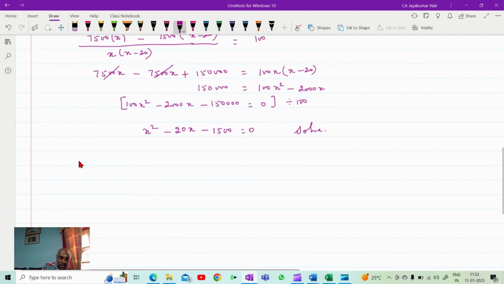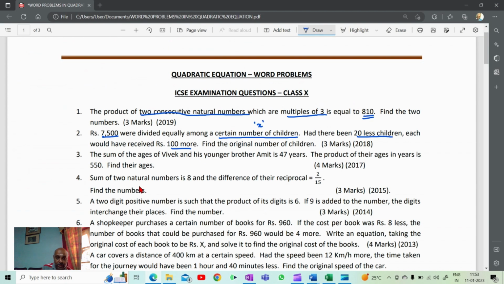So question 2 we have seen. Moving on to question 3. So what is question 3? The sum of the ages of Vivek and his younger brother Amit is 47 years. So Amit is younger, Vivek is elder. Their total age, total means sum, is equal to 47.